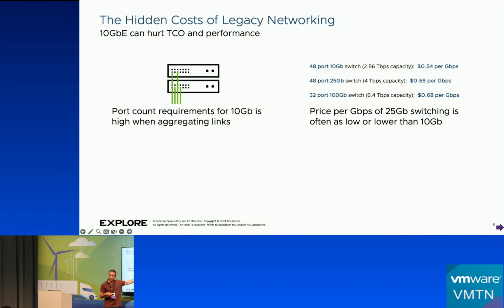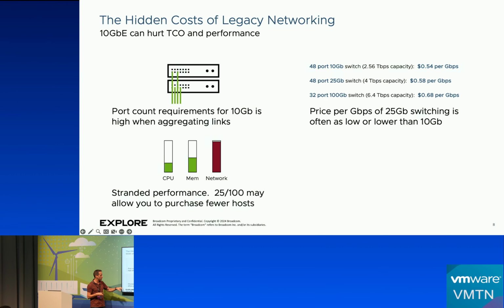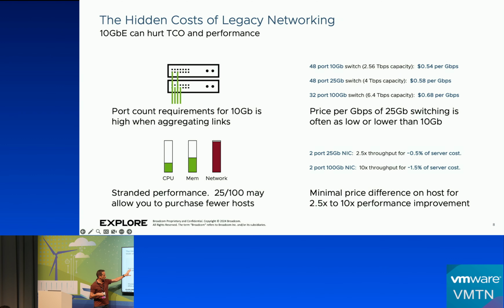Next up is just reminding yourself of the cost per port. Even when they're slow, the cost per port is very similar to the cost per port of a 25 or even a 100 gig switch. So that's, again, just something that we need to be mindful of. The next problem that comes up is that you're stranding the other resources that you already paid for within the host.